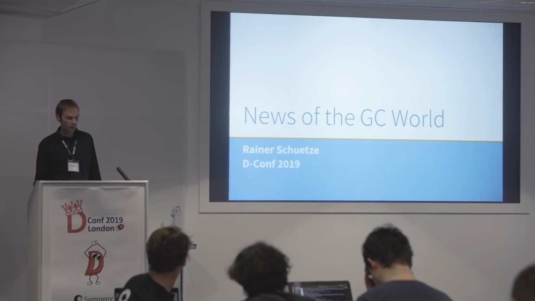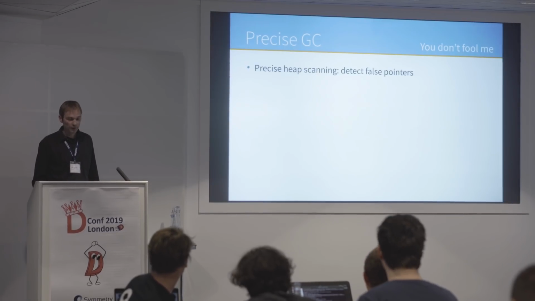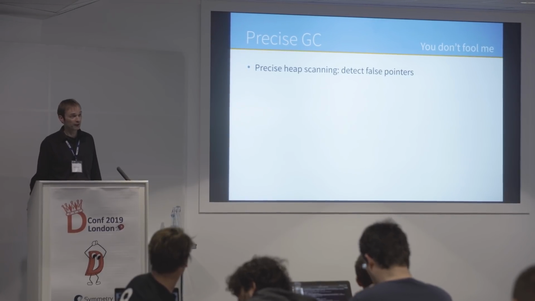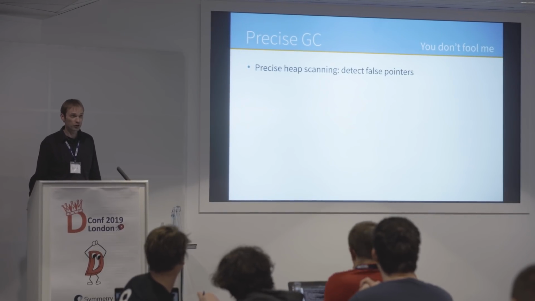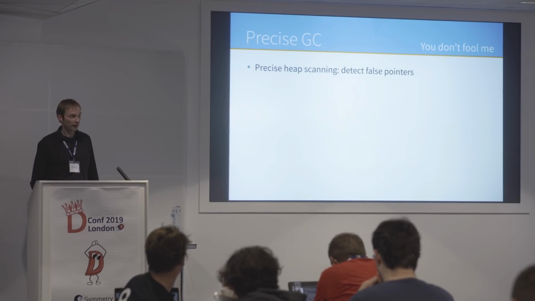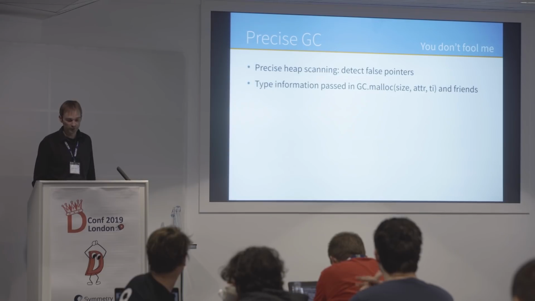Thank you. Well, I want to present to you a recent development of the GC in our runtime. The most important change for me is that we finally have a precise GC in the runtime, and that means it can scan the heap precisely and detect false pointers for most types.